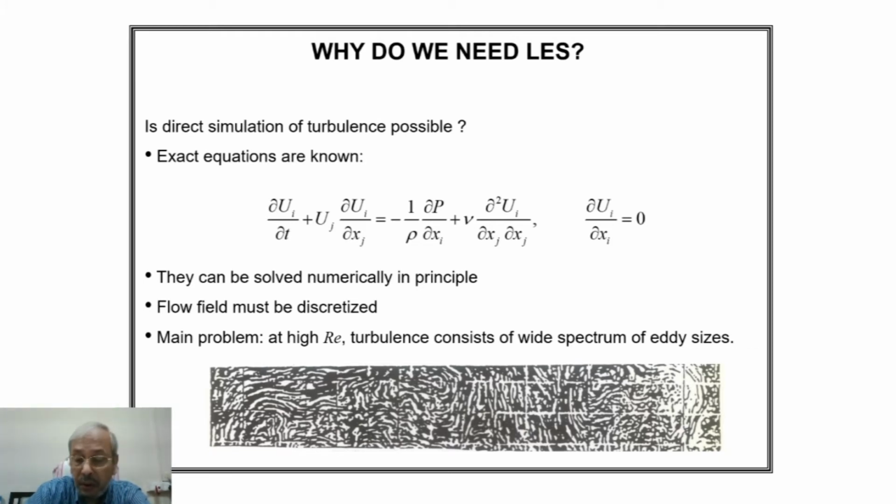Now, the problem is at high Reynolds number, the situation becomes different. For high Reynolds numbers, the flow field usually consists of several eddies or several eddy structures.